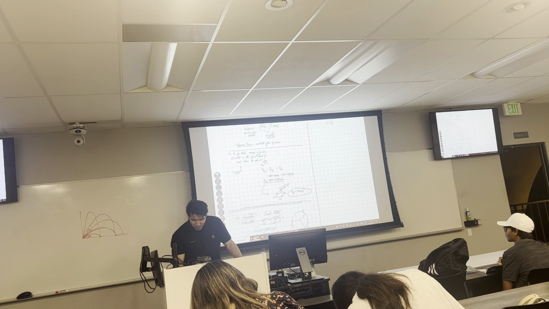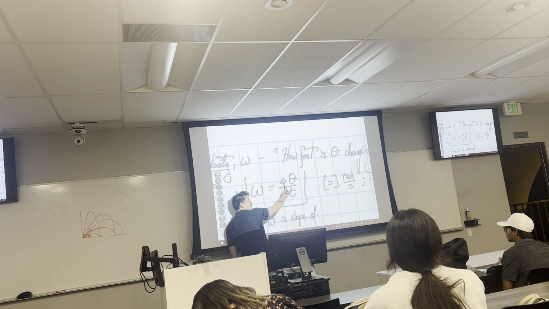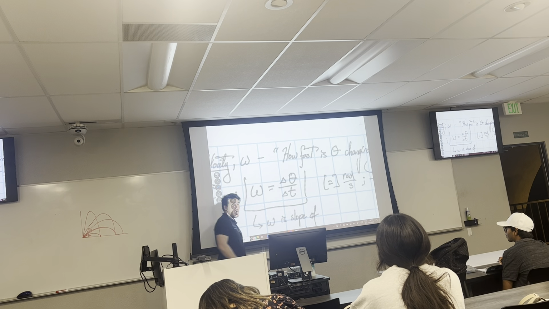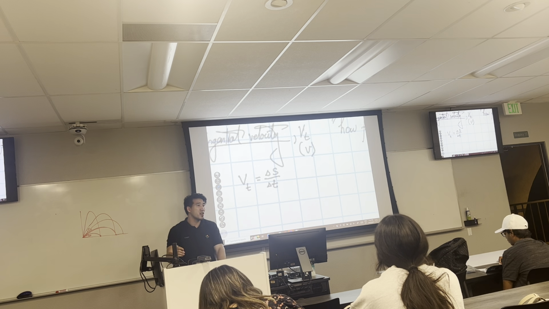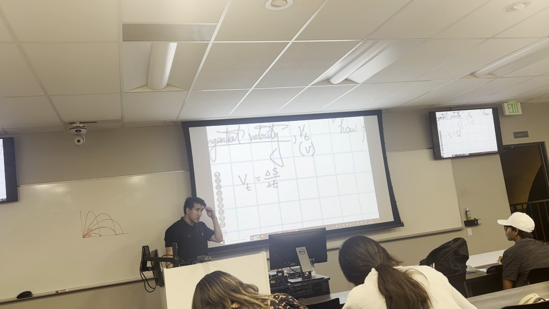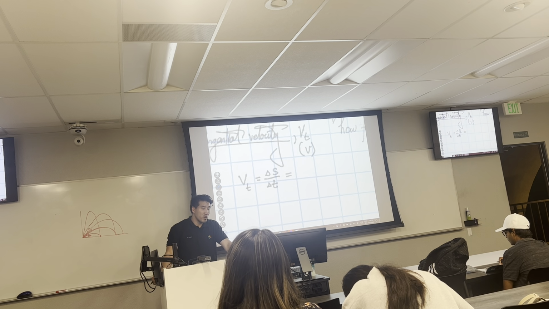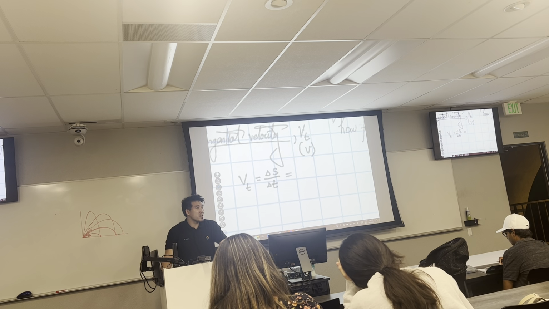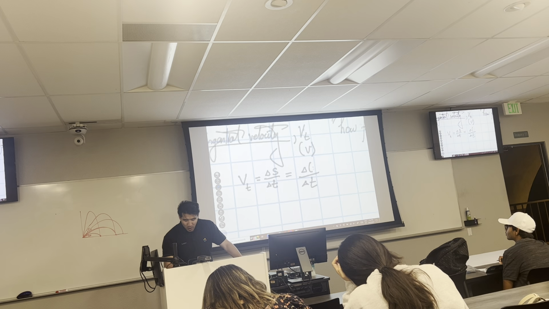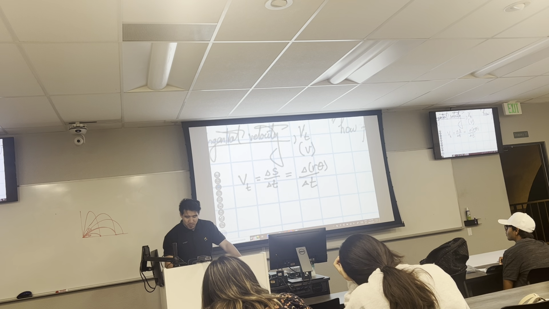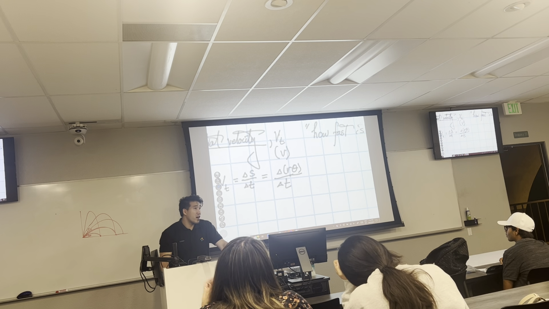Just like how the angular velocity omega was delta angular position over delta t, the tangential velocity is going to be tangential position over delta t, or delta arc length over delta t. But what was the relationship for arc length that we just discussed? It is r times theta. So it would be delta r times theta.